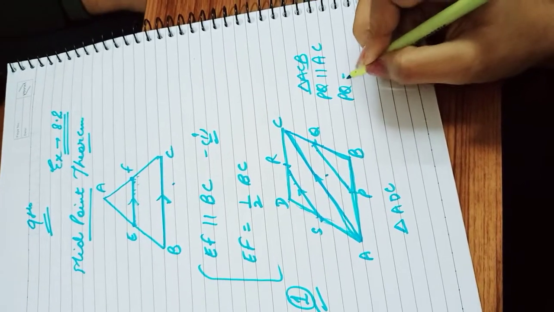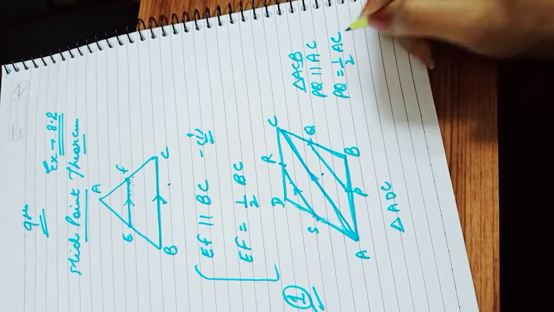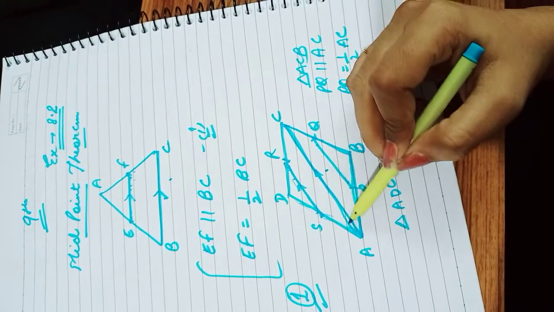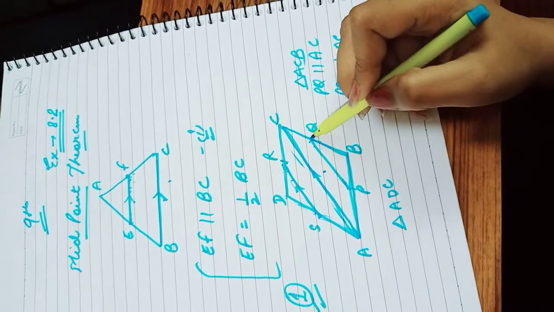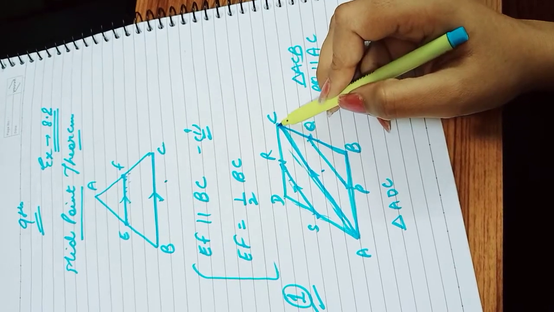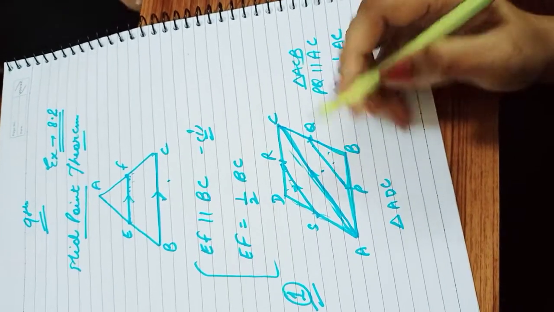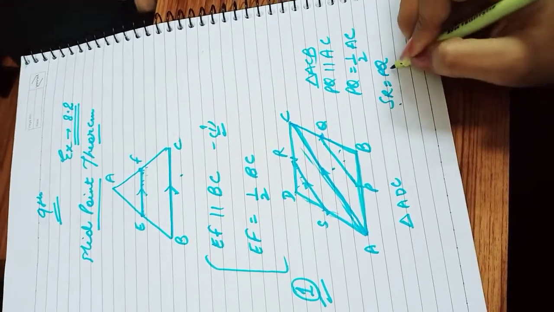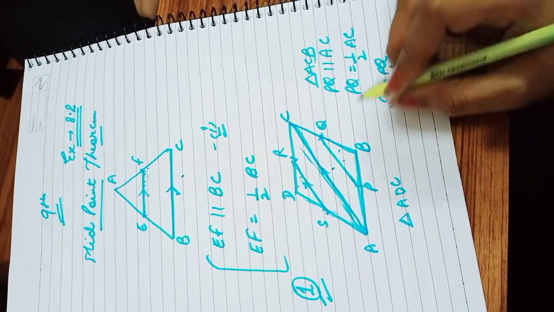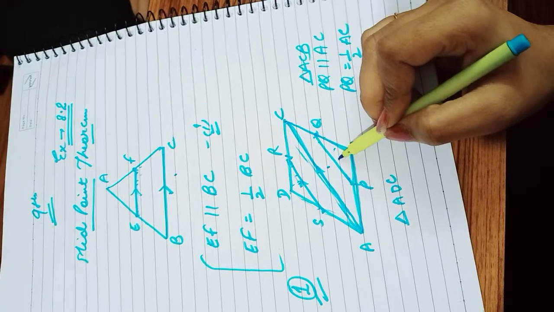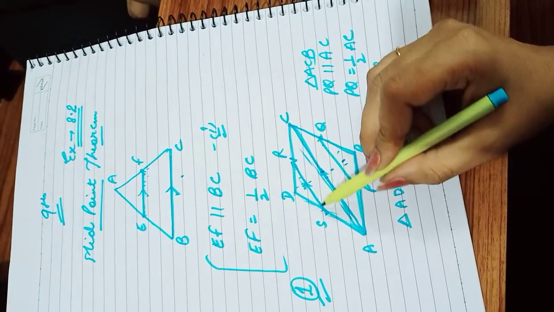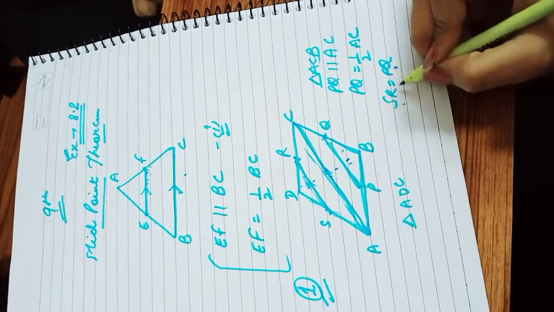And PQ is half of AC. Now, SR is also half of AC and PQ is also half of AC, so SR will be equal to PQ. And SR would be parallel to PQ also, because SR is parallel to AC and PQ is also parallel to AC. So SR would be parallel to PQ.